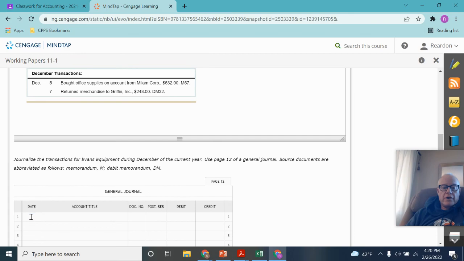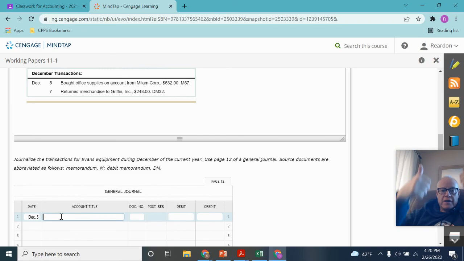So come down here to the general journal. Step 1 is our date. What are we debiting? We're increasing an asset called office supplies, or supplies dash office, I think. Post reference is memo 57, as the problem says.